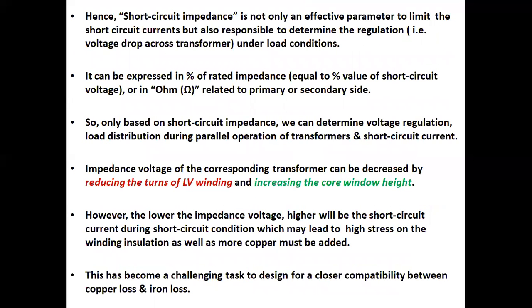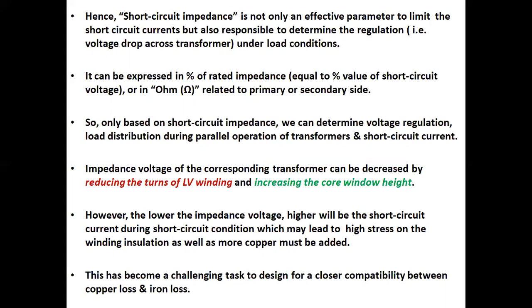Hence, short circuit impedance is not only an effective parameter to limit the short circuit currents, but also responsible to determine the regulation, that is, the voltage drop across the transformer under load conditions. It can be expressed in percentage of rated impedance, equal to the percentage value of short circuit voltage, or in ohms related to the primary or secondary side.